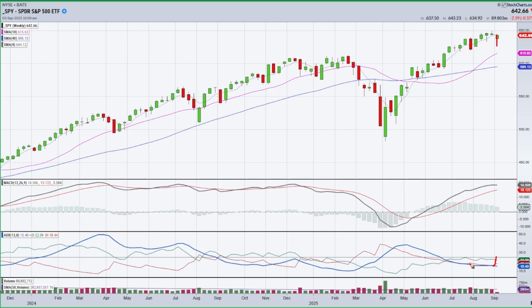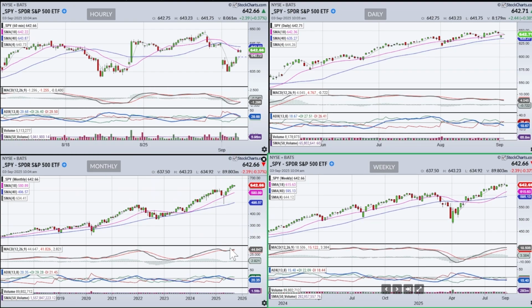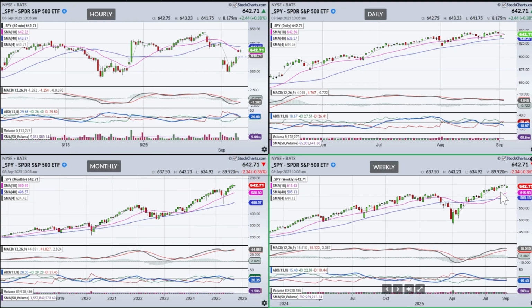If we get this to break out above this prior peak, then I think we're in a pretty precarious position, because I think there's a pretty high probability we're going to come down again and test the 18-week and possibly even the 18-month line, which is also rising underneath. We could work our way in between those or something like that. Just something to be on the lookout for.